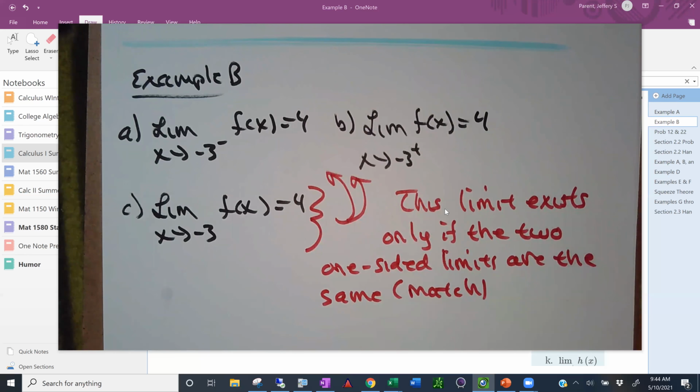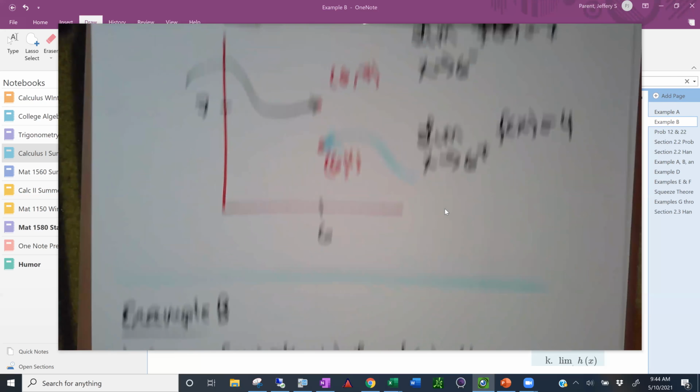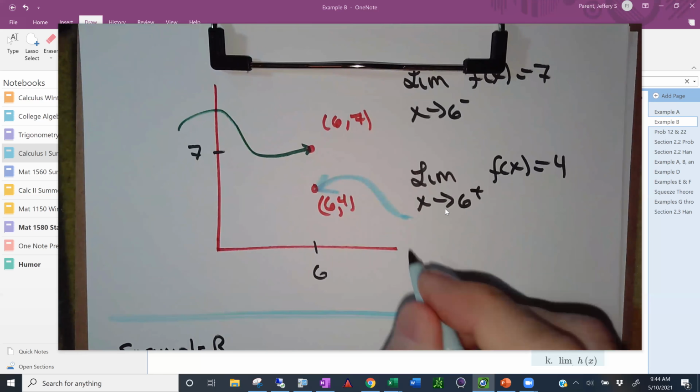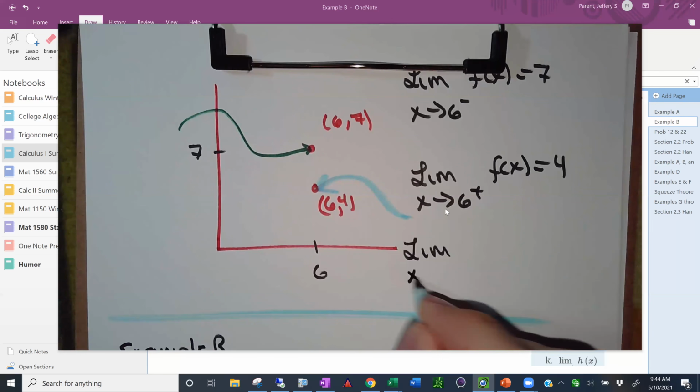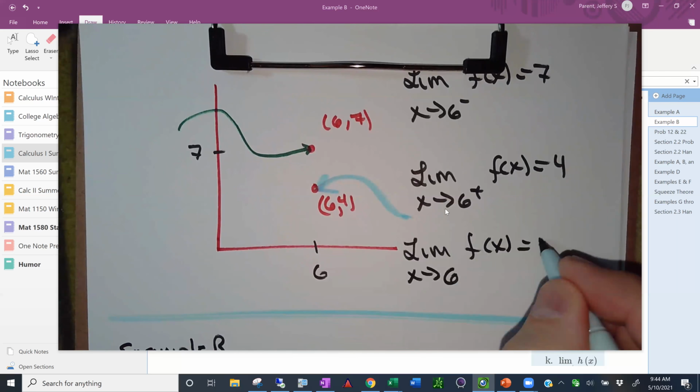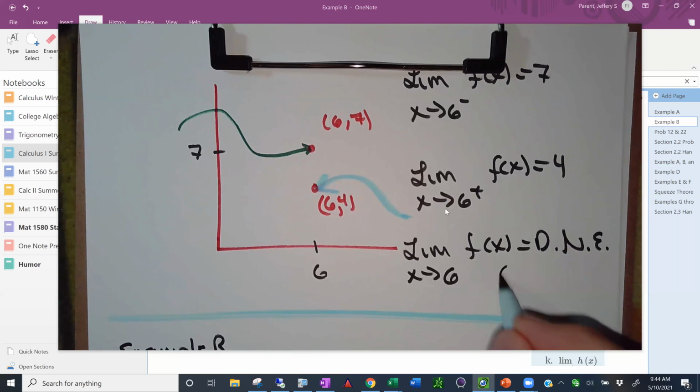That's actually not true of our first problem. The very first problem we did here, example A, the limit from the left and the limit from the right were different. So backing up to part A here, if I did the limit as x approaches 6 of f of x, the answer would be: does not exist.